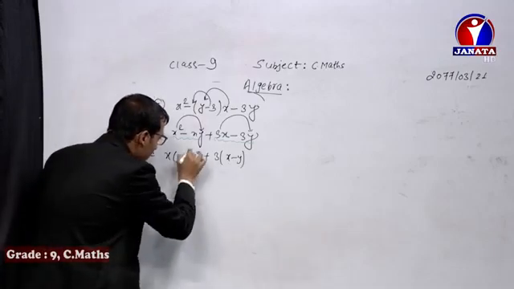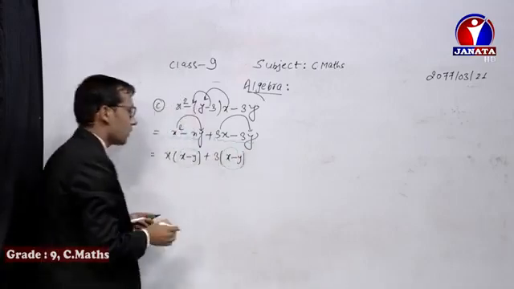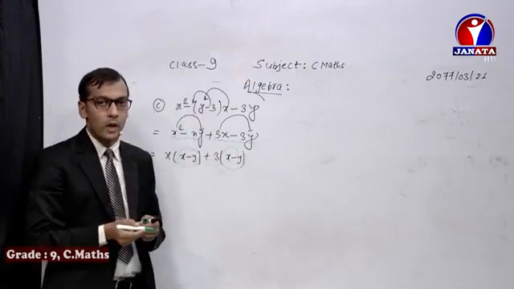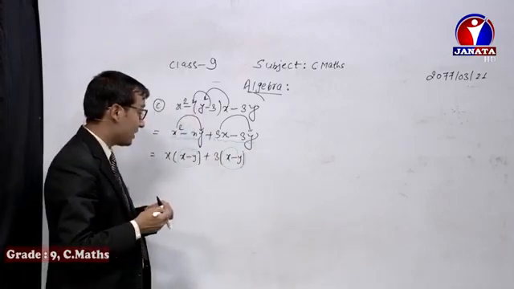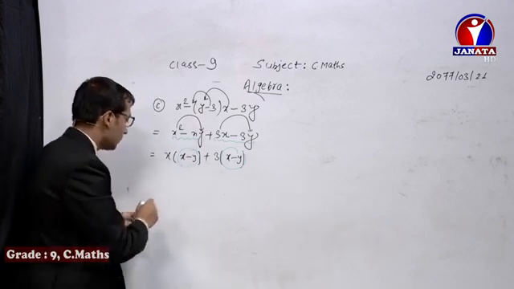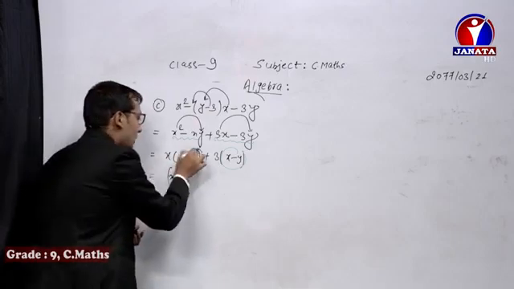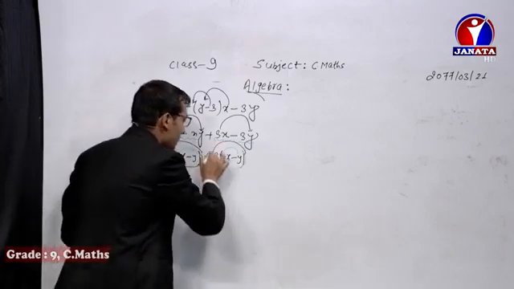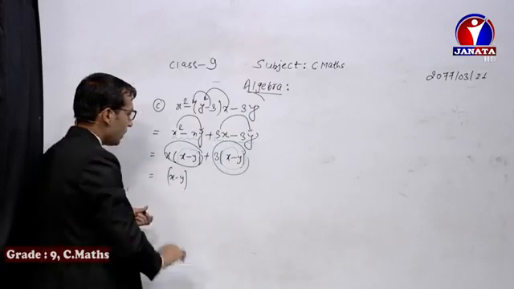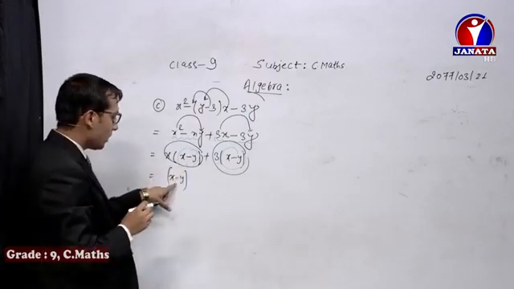So x minus y is a common factor. So we can take x minus y common. So x minus y. We have considered this as one term and this as another term. So here, after taking x minus y common, what is left?